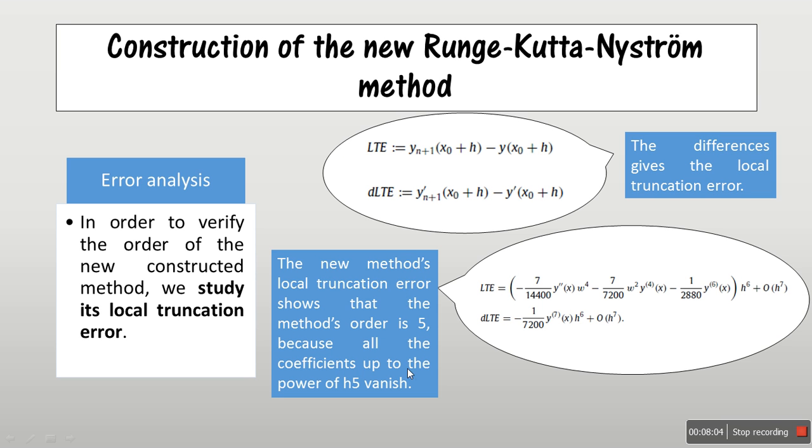It shows that the order of this method is 5. This can be seen because the coefficients up to the power of h to the power of 5 have vanished. So it can be seen here the smallest order is h to the power of 6. So 6 can be obtained from the number of terms plus 1. The number of terms here is 5, so 5 plus 1 equals 6.